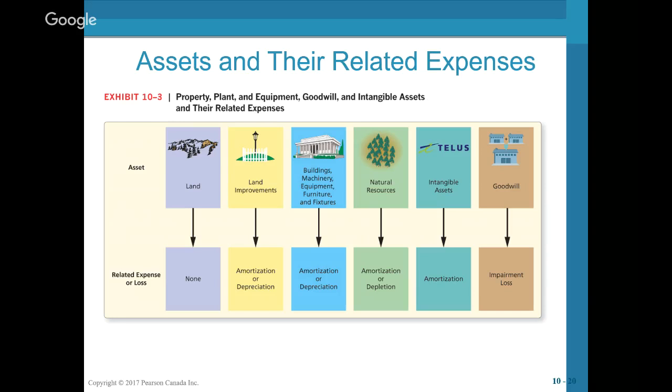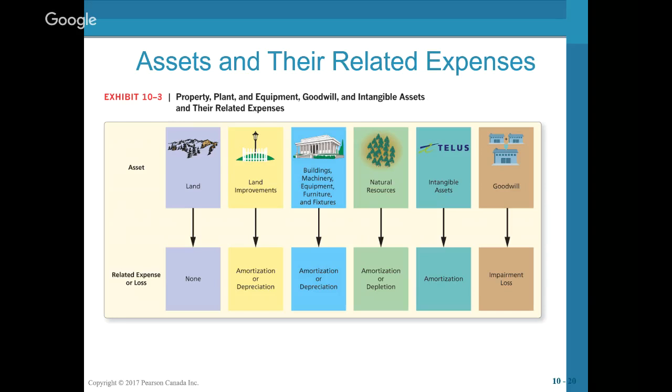We also talked about something called goodwill, which is the excess we pay over the net assets of a company if we're buying another company. We can't put our own goodwill on our books, but if we buy some other company, we've got goodwill on the books, and then we've got to test that goodwill for what's called impairment. What that really means is that the goodwill isn't worth to us as much as we initially thought it was worth when we first bought it. So for example, let's think back 20 years ago.